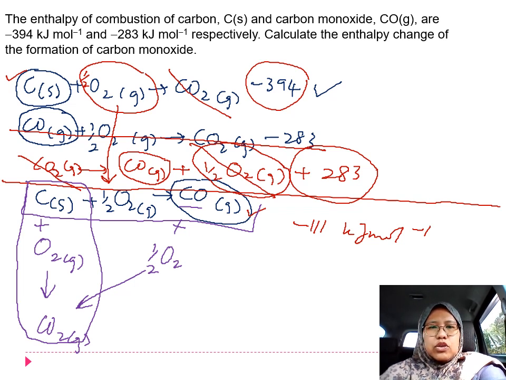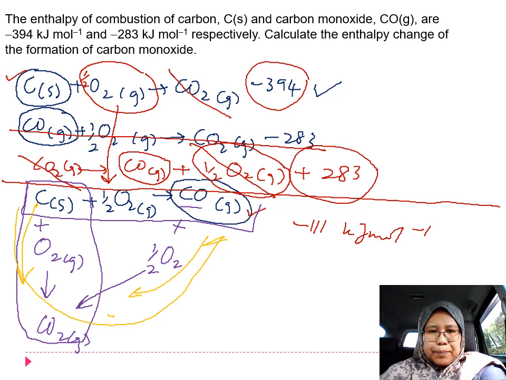Now, the thing is, it's not a cycle. Why? Because I use orange now. It goes down like this, and then it goes down like this. It's supposed to be going down and then going up. So this one must be reversed. So the value here is -394.